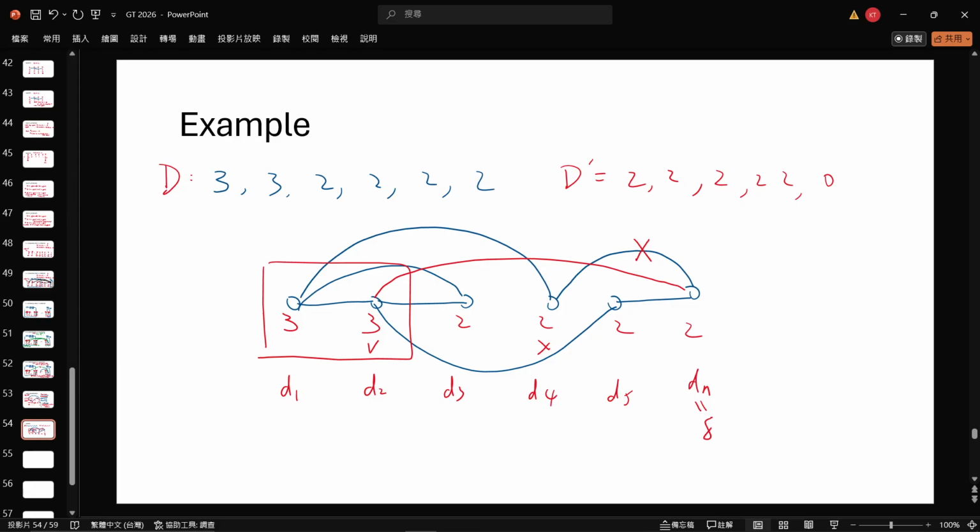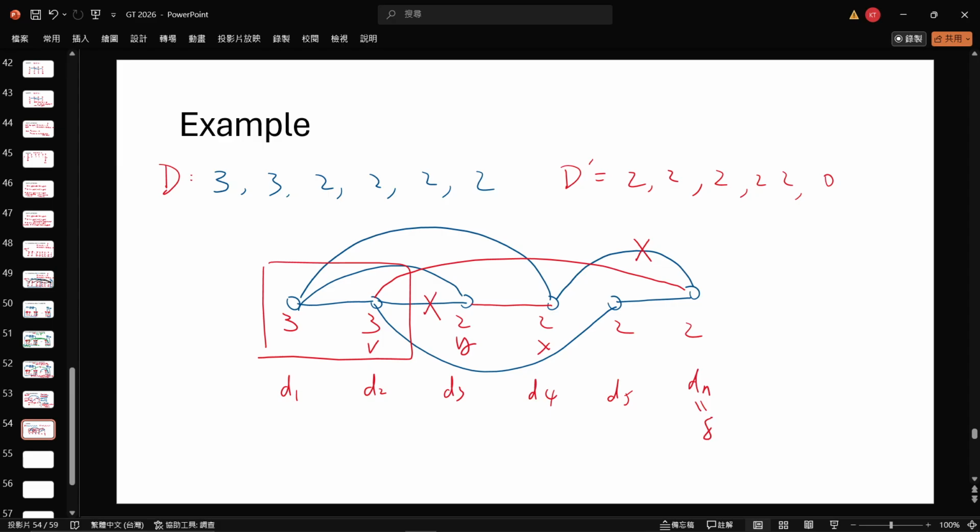You can choose either this one or this one. So this can be Y, because Y is adjacent to V, but Y is not adjacent to X. So we will remove this edge and add this edge.